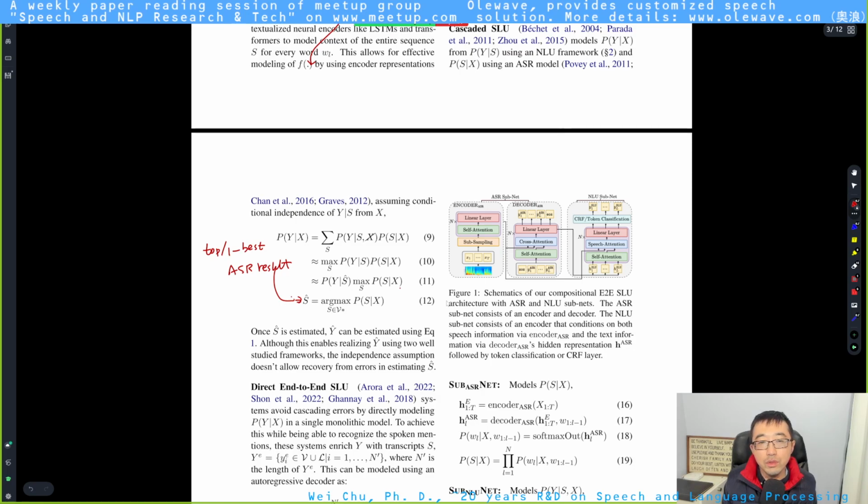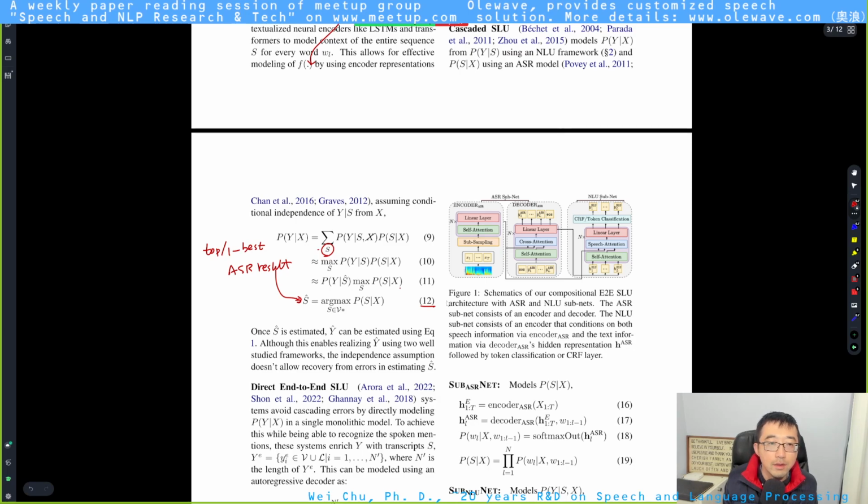If he uses anything like this, as shown in equation 12, that means this is the top one best. But as he shows in his equation, I don't think anything blocks you from using the summation over all the possible s. S means the ASR transcription, okay?